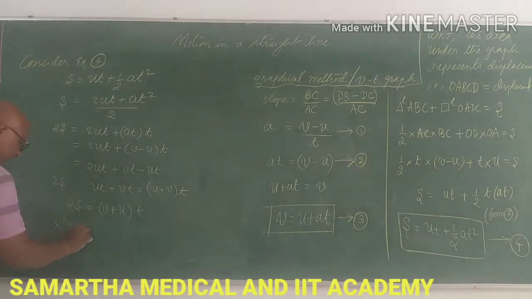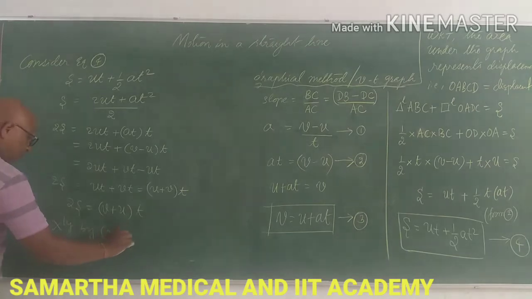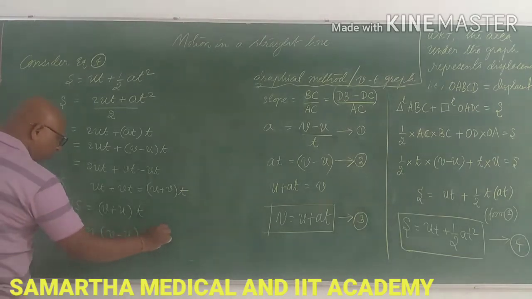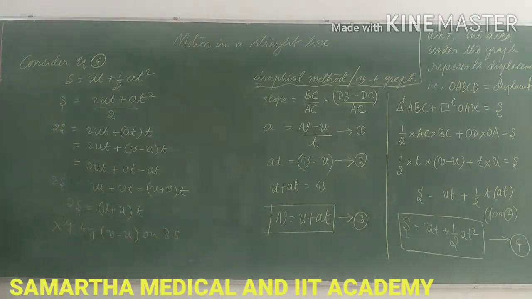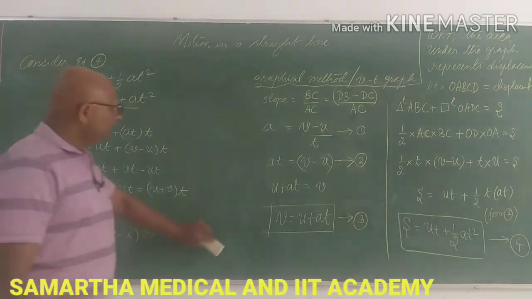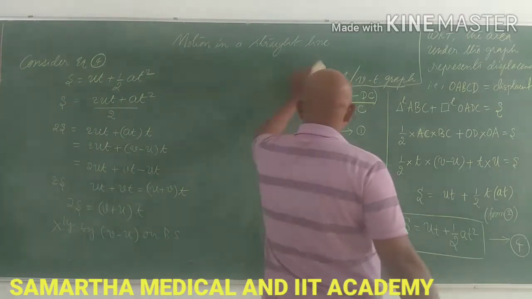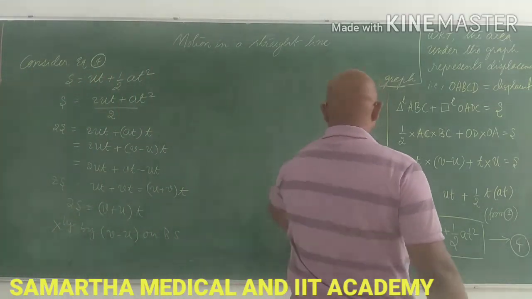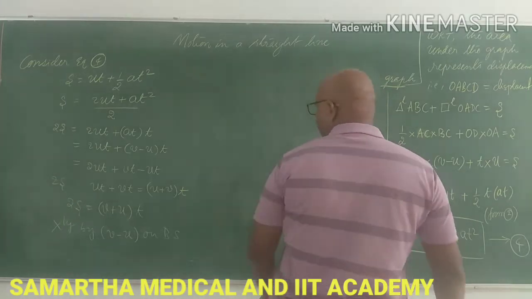Multiply by V minus U on both sides. What will be obtained now?